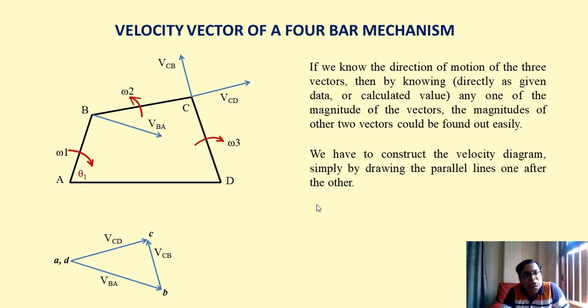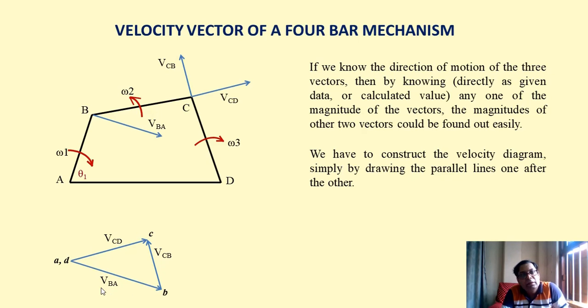Then we must know that velocity equals r into omega, that is omega, which was 2 radian per second, multiplied by r. R means the distance from A to B, which is equal to 5. So 5 into 2, that is 10 meter per second. So velocity VBA is representing 10 meter per second velocity. It is not representing any distance, it is representing a velocity.